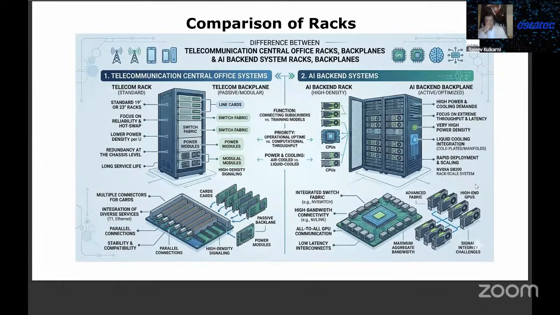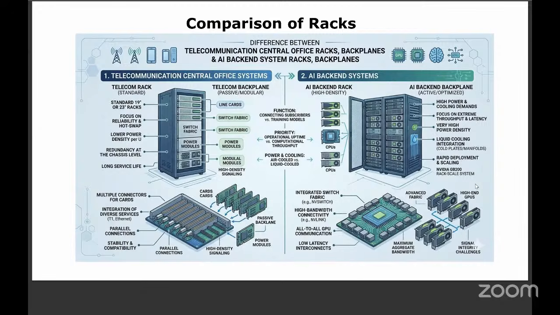This is an AI generated image. I took a lot of effort in keying the wordings for that. It shows the key difference between a central office on the left side, the telecommunication central office system, where it disaggregates all sub-modules.